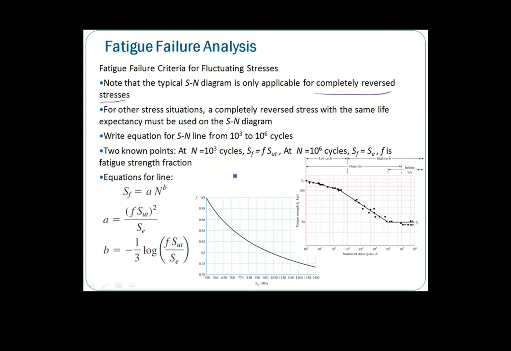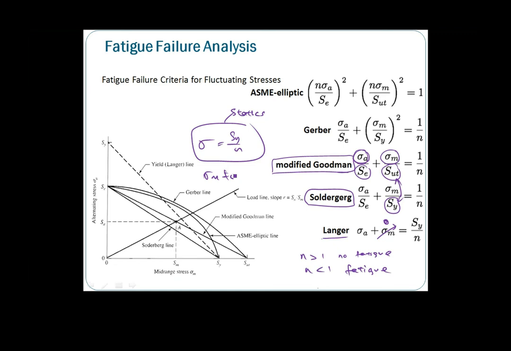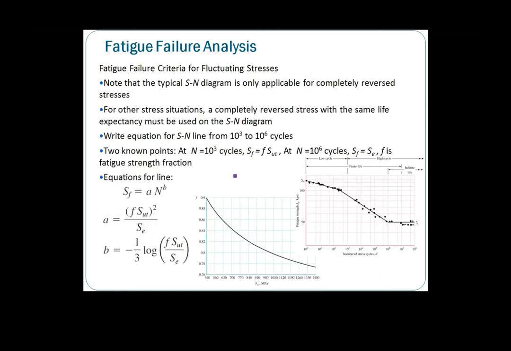So we have to do some additional calculations, converting our stress with the sigma A and sigma M into a complete reverse stress. Then only is it suitable to refer to this particular curve. All right, so let's have a look and build some relationship from this SN curve itself.